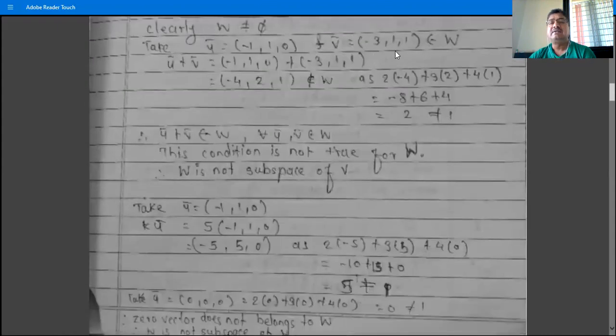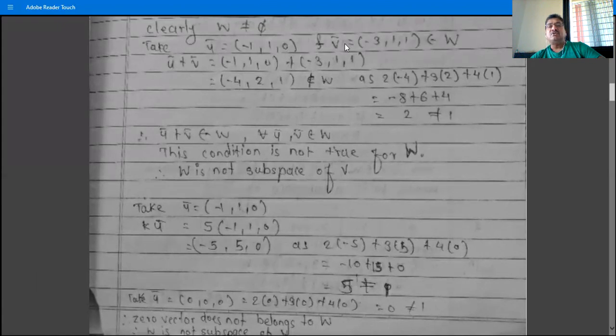So these two are elements of W, taken randomly. Why does this element belong to W? Because it satisfies the condition: 2 into -3 plus 3 into 1 plus 4 into 1 is equal to 1. Also the other is an element of W, because 2 into -1 plus 3 into 1 plus 4 into 0 is 1.